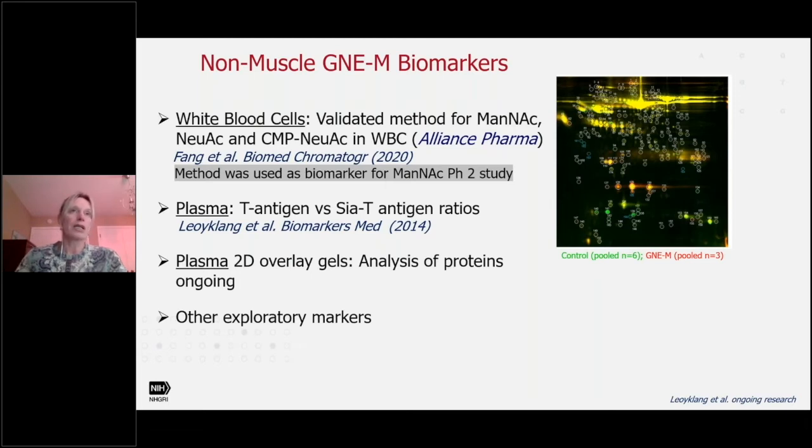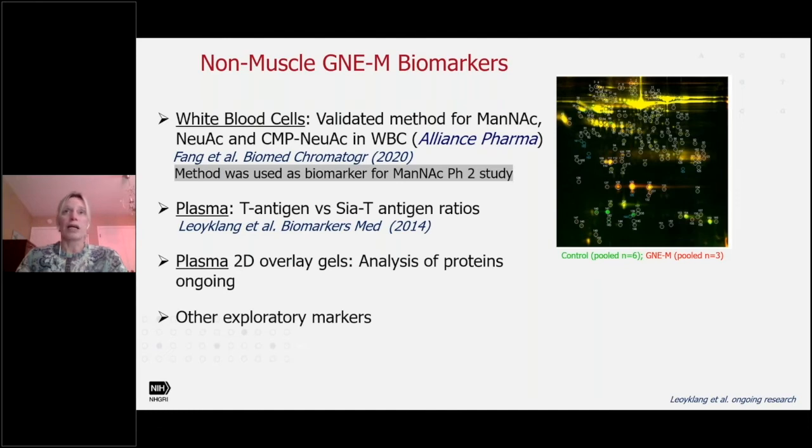We published this, and the method is quite cumbersome, and we need to revisit this to try to find an easier accessible method to further develop this method to be used as a valid biomarker. We are now also working on so-called 2D overlay gels to find a good blood biomarker for GNE myopathy.